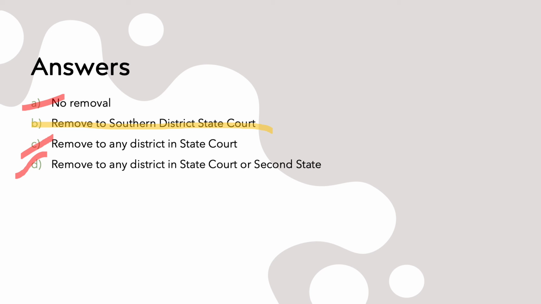Okay, I hope this helped a little bit. I hope you have a better understanding of federal civil procedure, of removal. And I also hope you have a better understanding of going through law school questions and bar exam questions, understanding that you look at the call of the question first, to figure out what area of law they're testing you on.